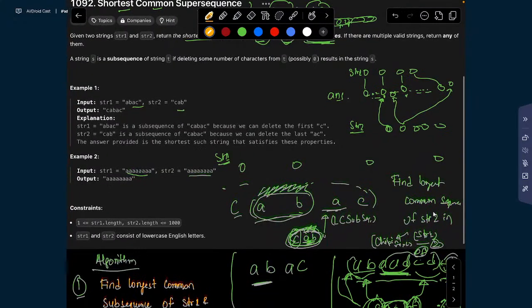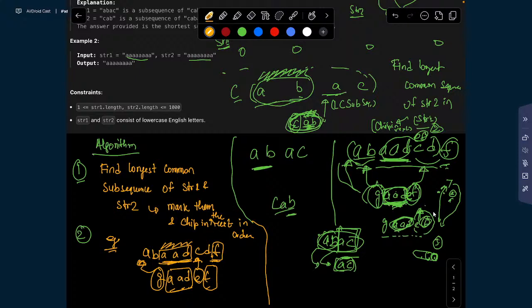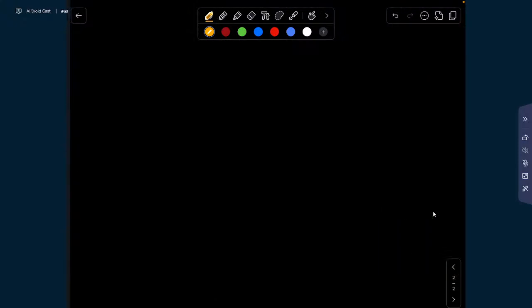Cool. So let me think of the brute force approach, right? So longest common subsequence of str1 and str2. So str1 has around 2 to the power n subsequences because it's more like nC1, choosing 1, choosing 2 guys, choosing 3 guys, something like this.